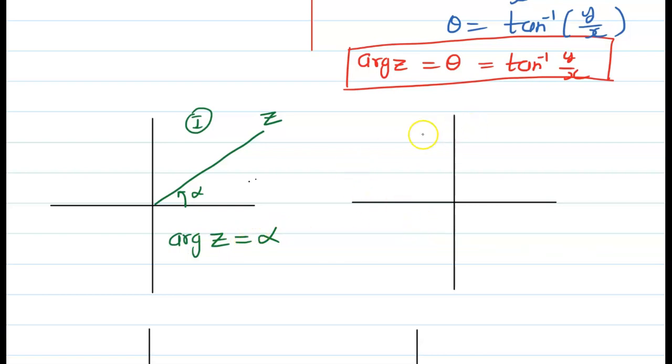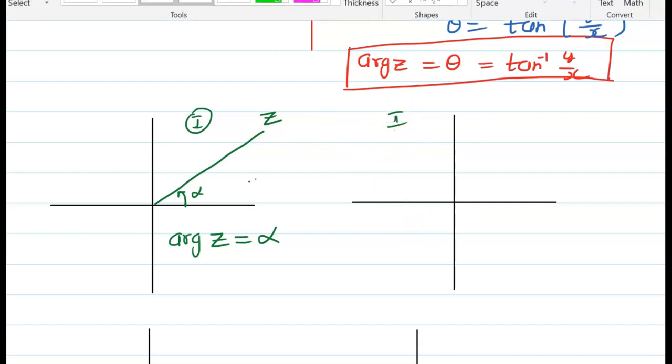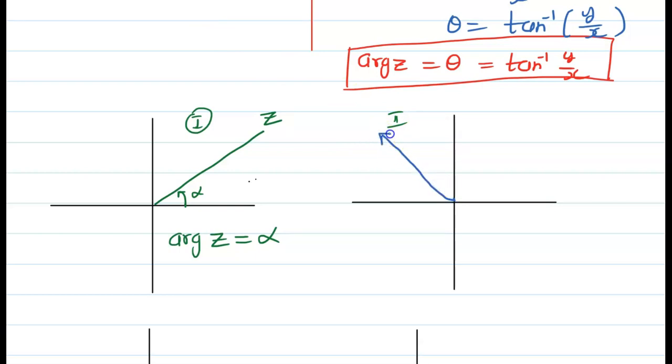Now if z is in the second quadrant, so z is here. In this case the angle made with the x-axis is alpha.